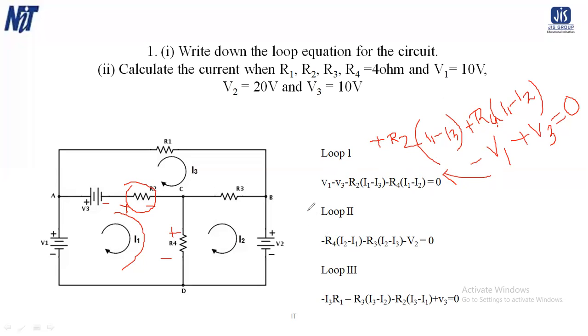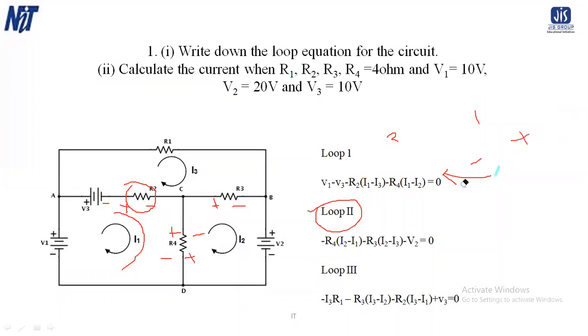Now for loop 2, what will be the equation of loop 2? So this is loop 2 we can consider. Here again the same concept, plus minus, plus minus, applies.